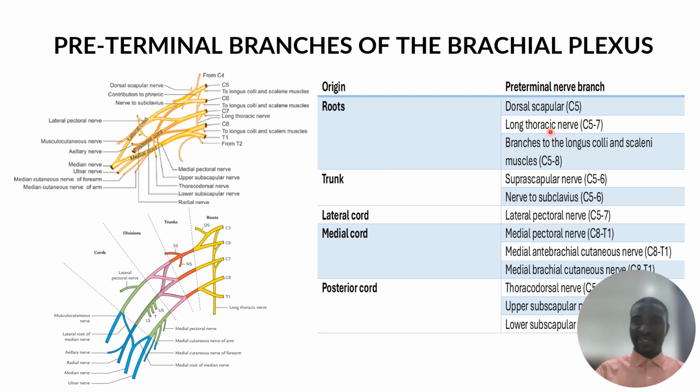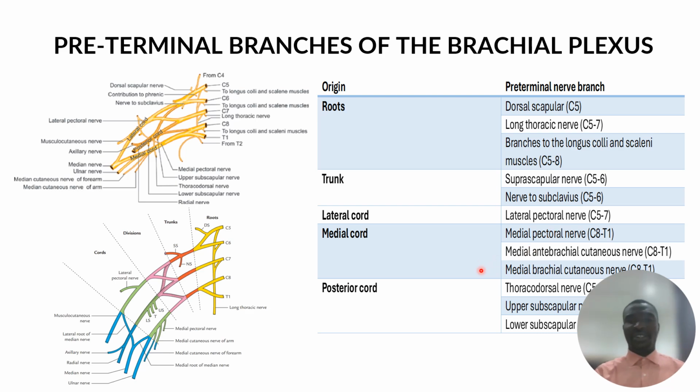You can have the dorsal scapular nerve, C5, long thoracic nerve, branches to the longus colli and scalene muscles, and you have the suprascapular nerve and nerve to subclavius coming up from the trunk. And then for the cords, the lateral cord gives off a lateral pectoral nerve branch, while the medial cord gives off the medial pectoral nerve and also the medial antebrachial and brachial cutaneous nerves as well.